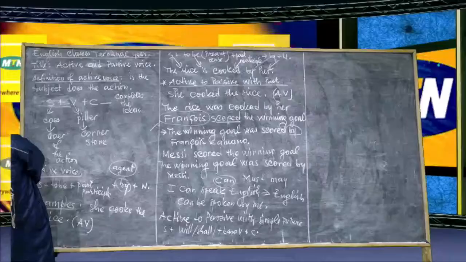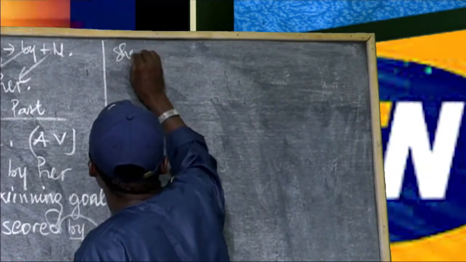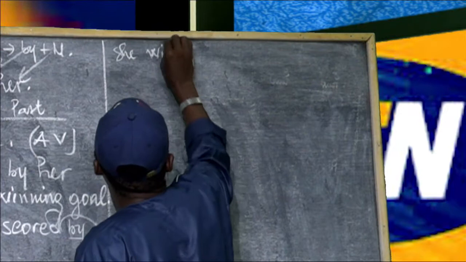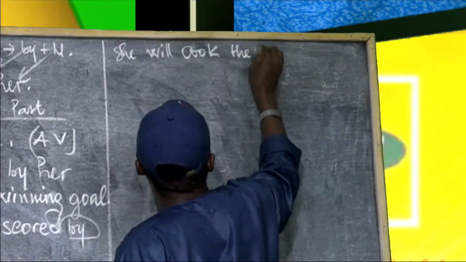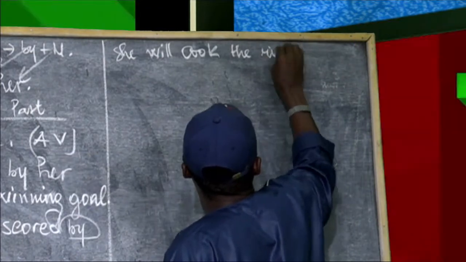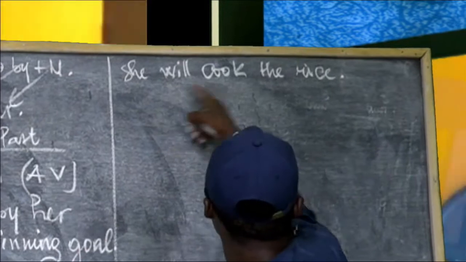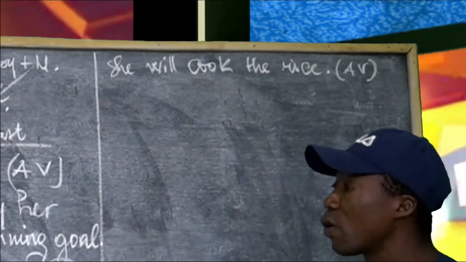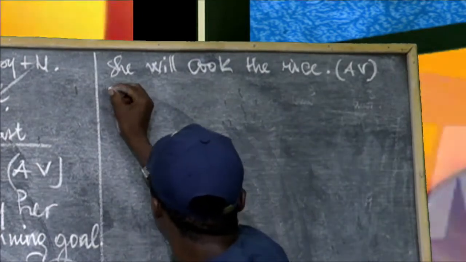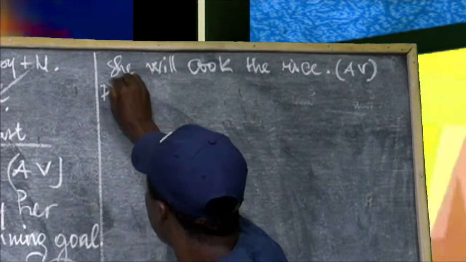Example. She will cook the rice. The rice. Now this one is AV, active voice, in brackets. And then for the passive voice, you have PV, passive voice, in brackets.